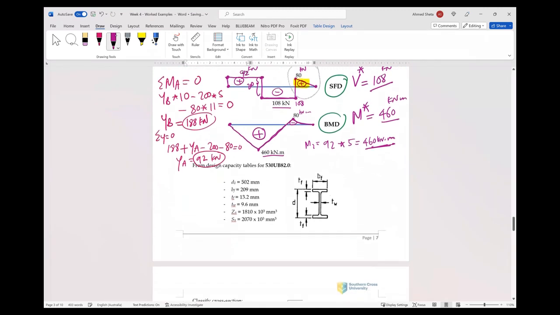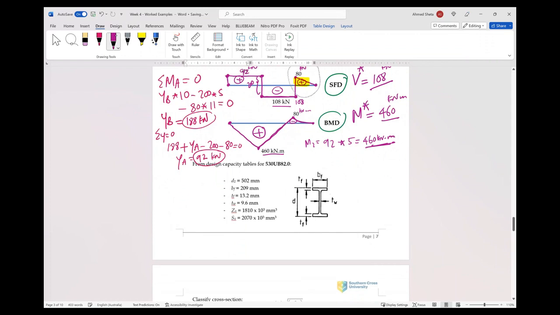Okay, now if we go to the capacity tables for the cross section given, these are the values we have. D is the height, B flange, T flange, T web, ZX, and SX.